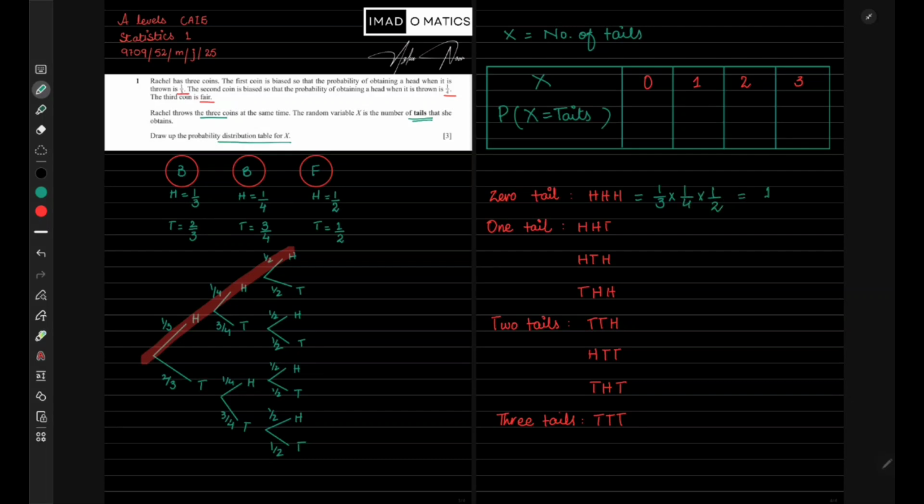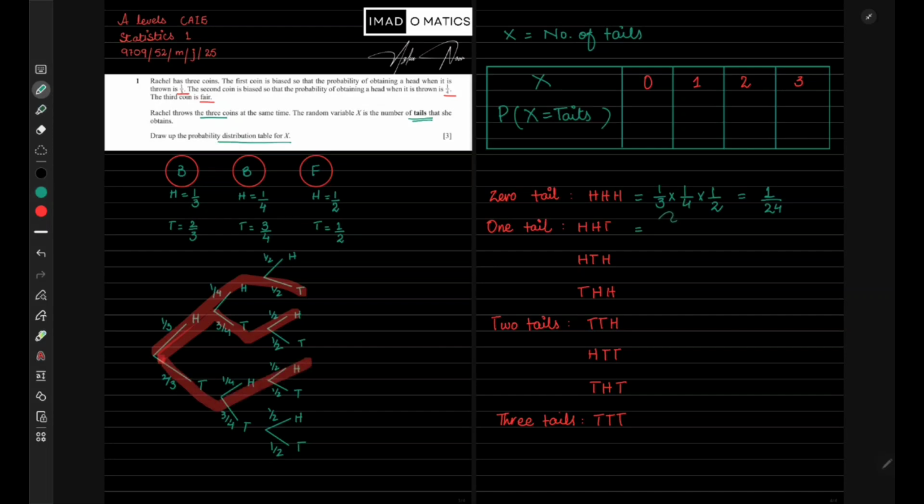That gives you 1/24. Then the probability of getting head, head, tail; head, tail, head; tail, head, head. Okay, these are the 3 branches.